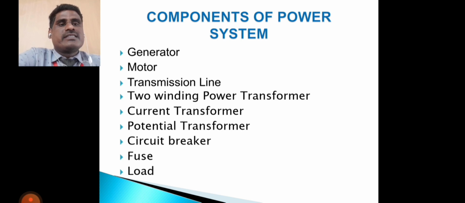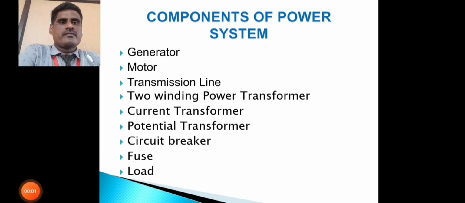And the next one is components of power system. There are two different types of energy, electrical energy as well as mechanical energy. The generator is considered as mechanical energy converted into electrical energy. So that is called a generator. And the next one is motor. Motor is nothing but electrical energy converted into mechanical energy.